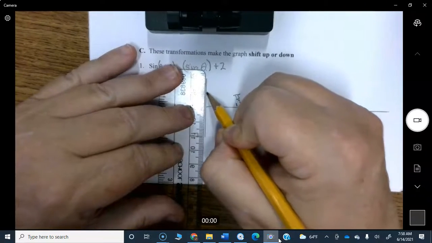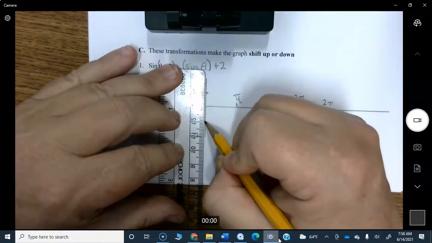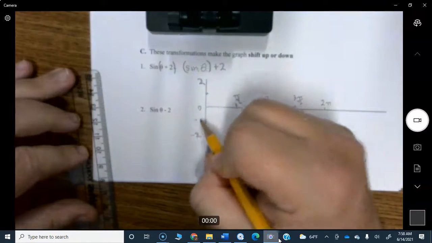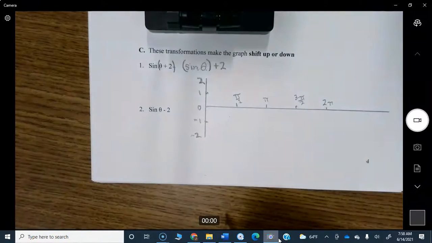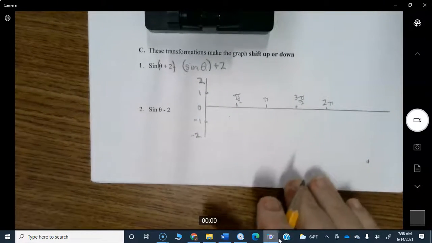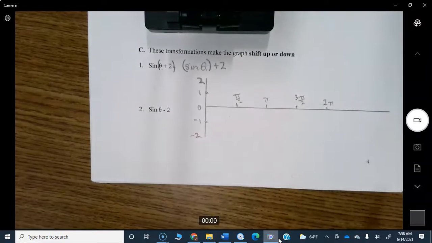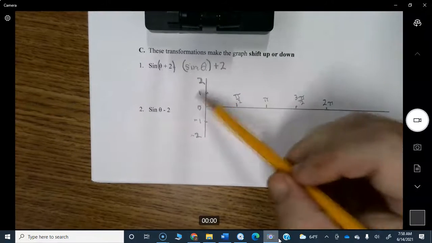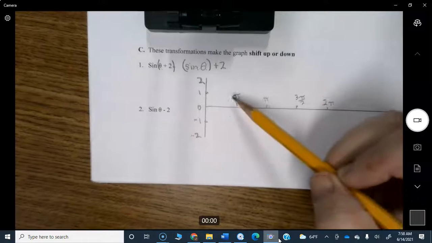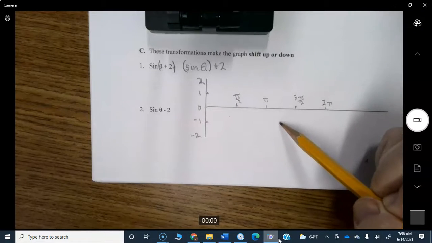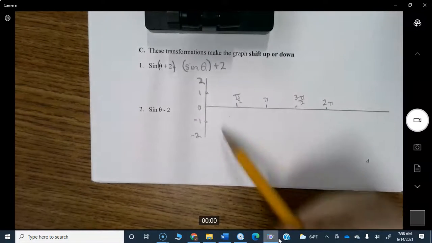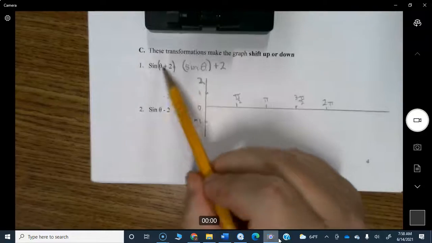So we're going to call this one 1, and we're going to call this one negative 1. All right, so let's see what sine of theta plus 2 looks like. We already know what sine looks like. We're pretty comfortable with that. It goes up to 1, comes back down through pi, and goes back up to 2 pi, and its height is 1.